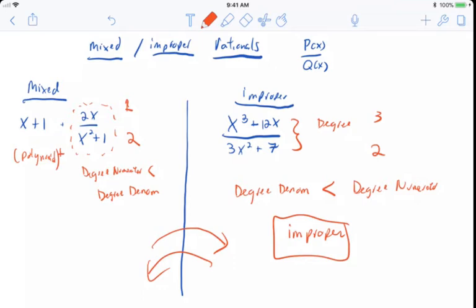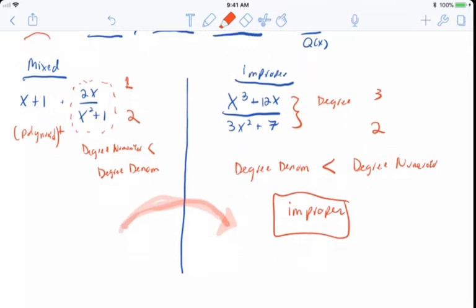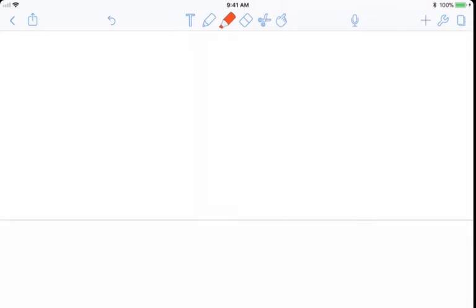For the rest of the video, we're going to focus on going from mixed to improper, because it involves a lot of the types of algebra that we've been doing up until now. Let's talk about how to do that.